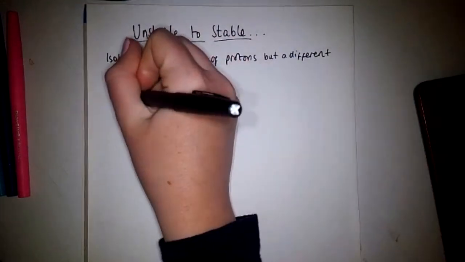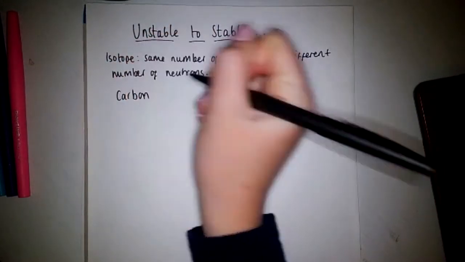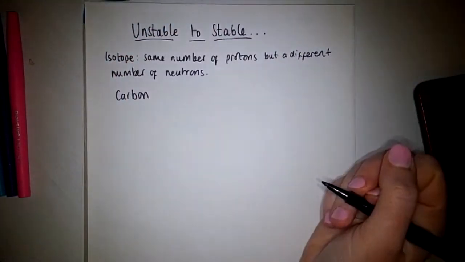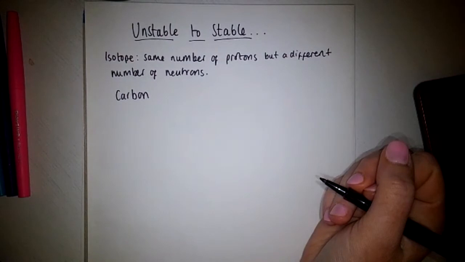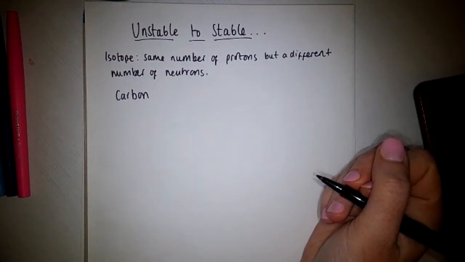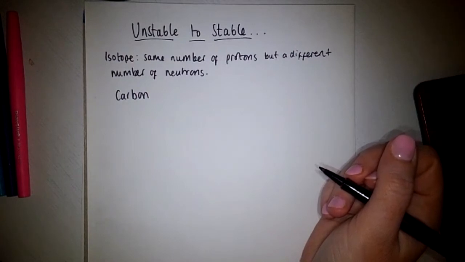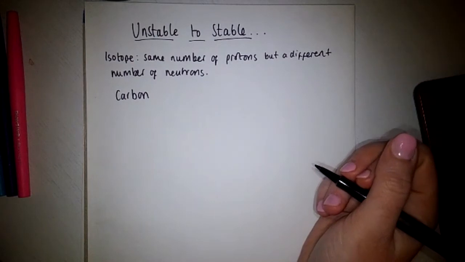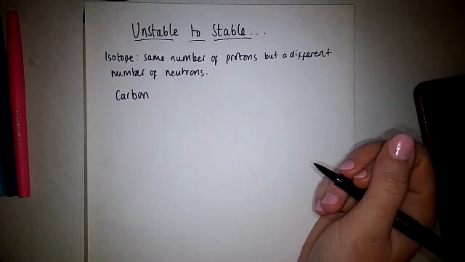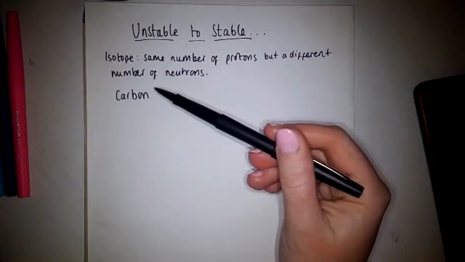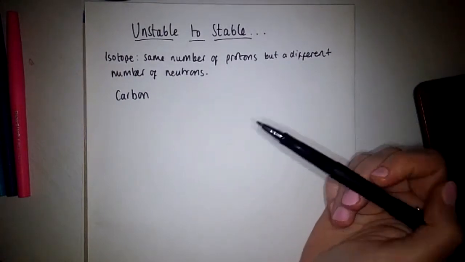Carbon 14. Carbon, you probably know from the periodic table, is normally 12, so carbon 12. So it has a mass of 12, 6 protons, 6 neutrons, 6 electrons. However, it has 3 commonly used isotopes: carbon 12, carbon 13, carbon 14. We're going to look at carbon 14.